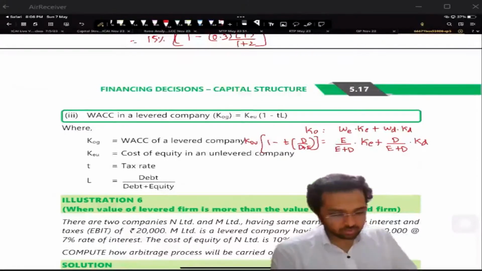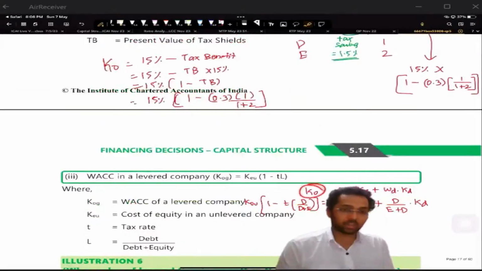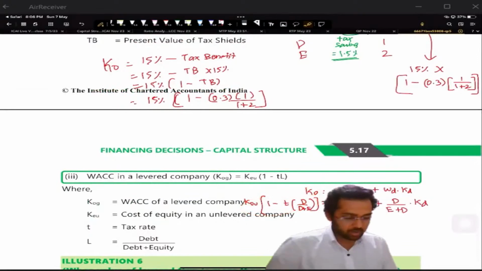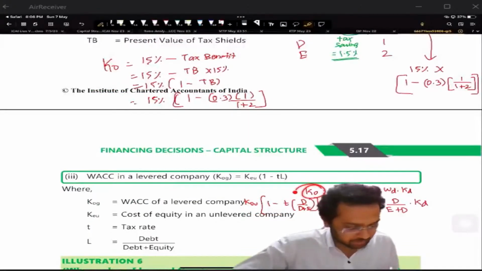Right, so this is what we have used. We have just derived the KO formula and got the logic of KO here. I wrote the KO of the unlevered form, and this is obviously of a levered form.